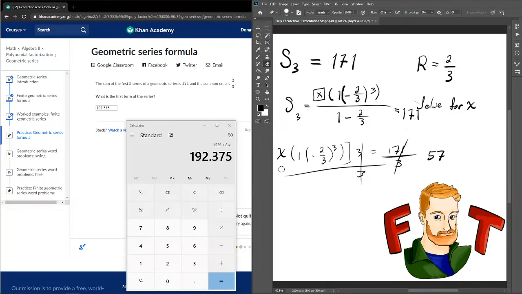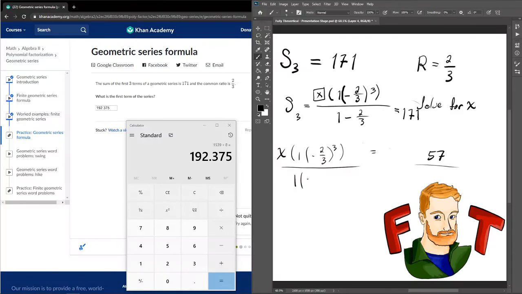So that means I can clean this up. Well, I don't need the parentheses.